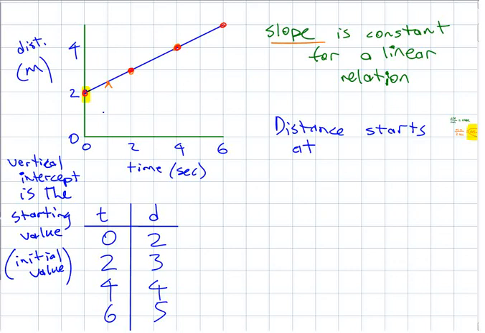You say, I don't know. I never heard that question before. It's the same thing. What's the vertical intercept represent in any graph? It's going to be whatever the starting value is for this thing. That's something to know. Distance starts at 2 meters and then steadily or constantly increases.